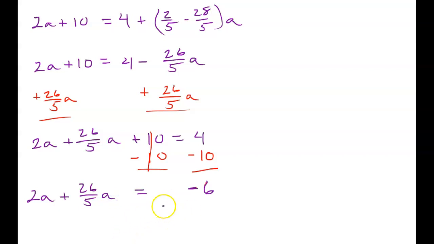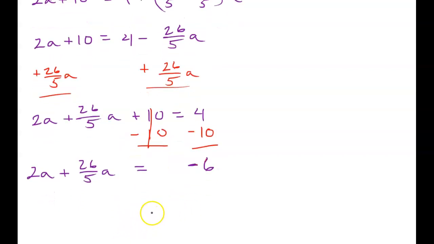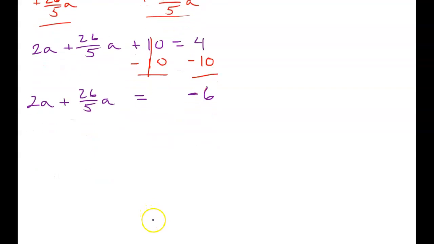To add fractions, I need a common denominator, so I'll write 2 as 10/5, because 10 divided by 5 is 2. So 10/5 a plus 26/5 a equals -6.